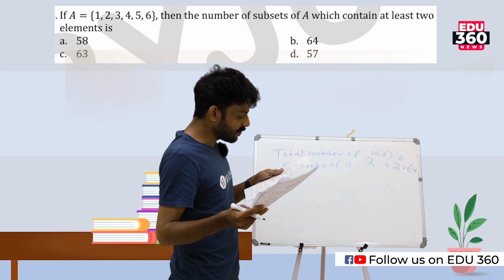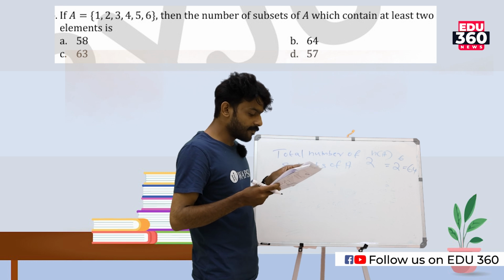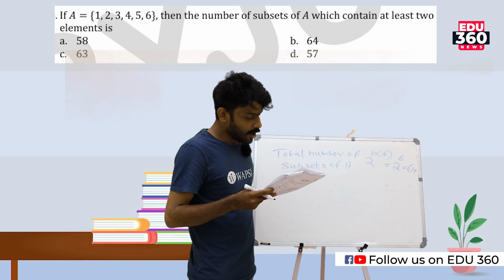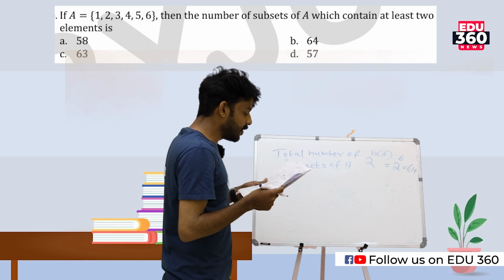And in the question they are asking us to find the number of subsets of a which contain at least, means minimum 2 elements. Okay, at least 2 elements.